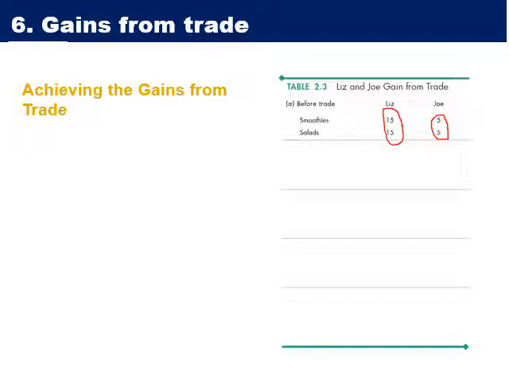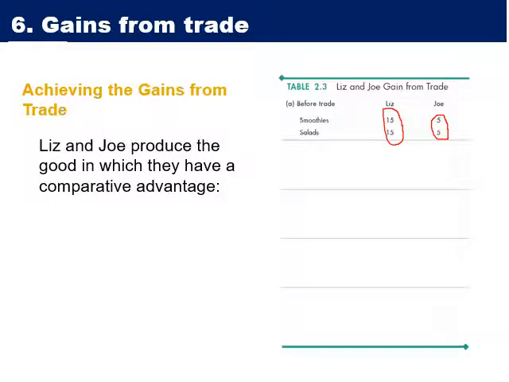Now let's see how both persons will benefit from specialization in production and exchanging the production with others. So, as I said, each of them should specialize in producing the good with comparative advantage.